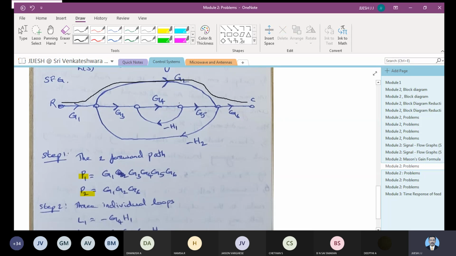Whether this loop is touching this path, yes or no? Except this loop, the other loops are all touching this path. Only this loop is not touching. Which loop is this? L1, sir. So other than this, the others are touching, correct? Yes, sir.